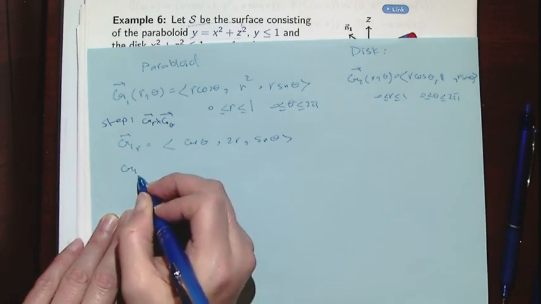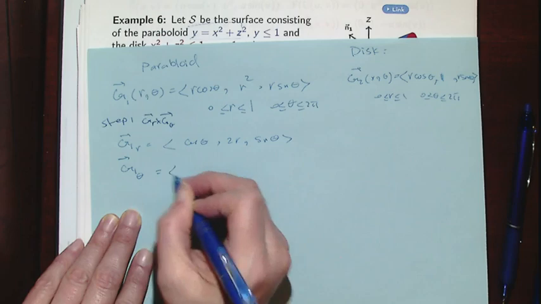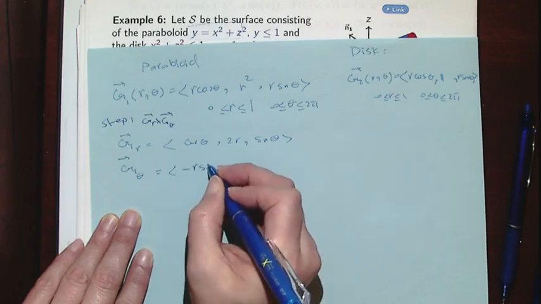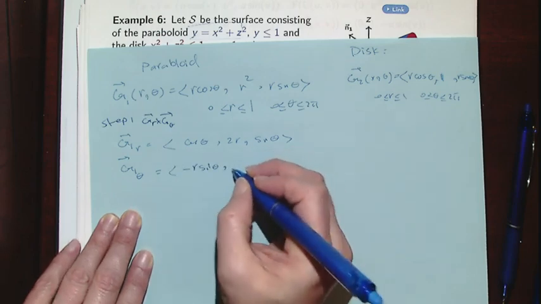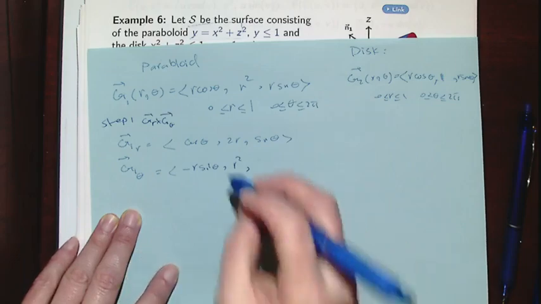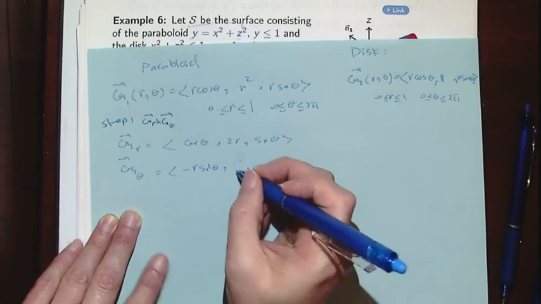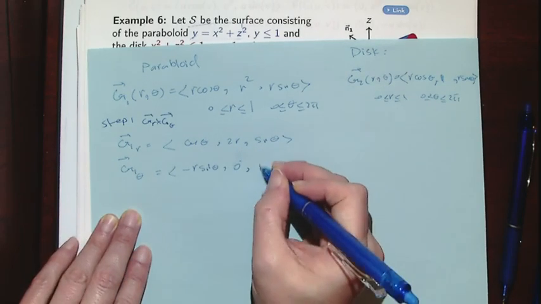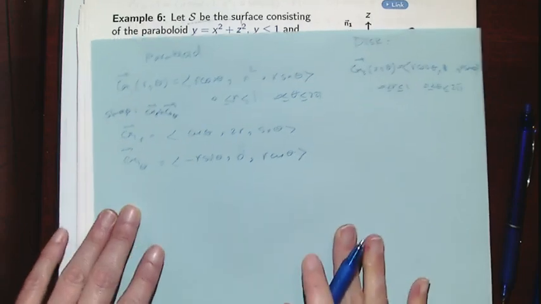G1 sub theta is negative r sine theta, 0, r cosine theta.